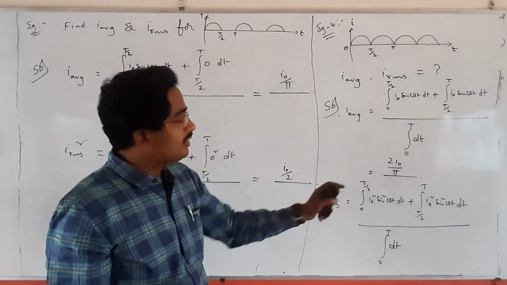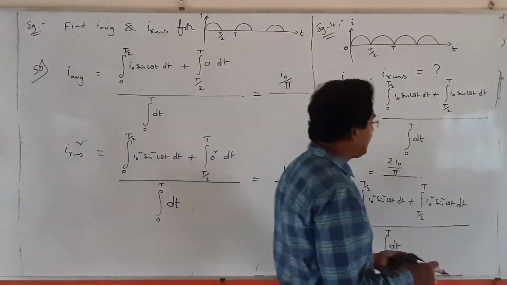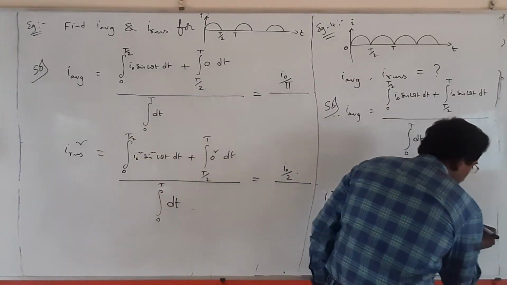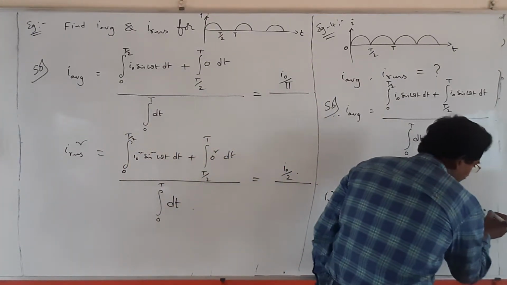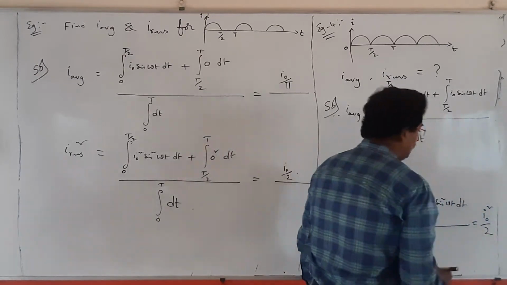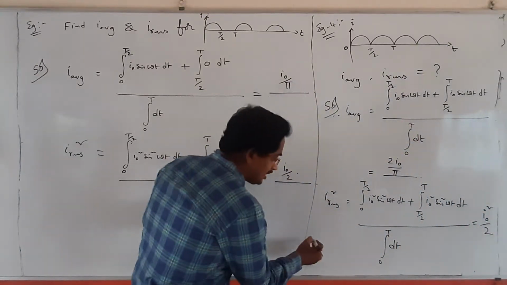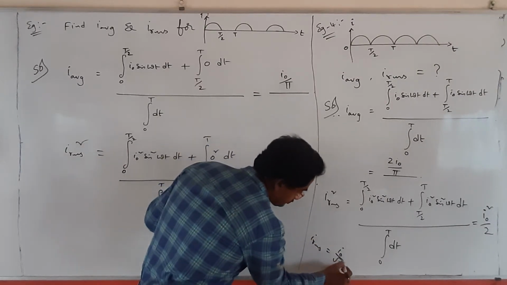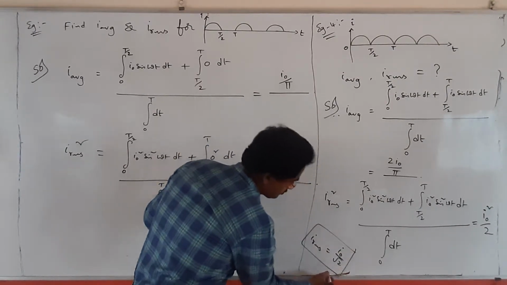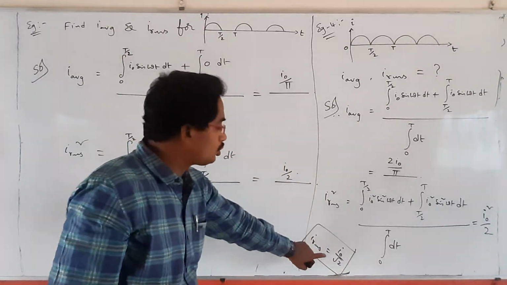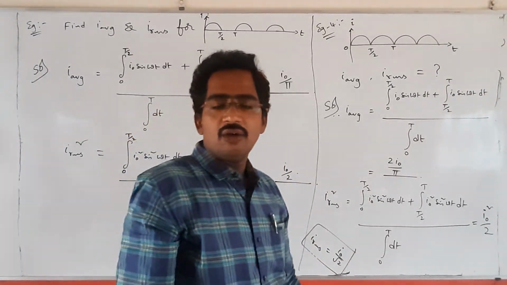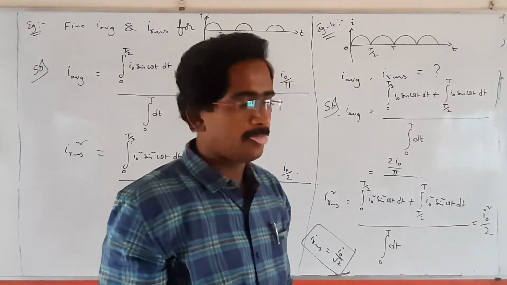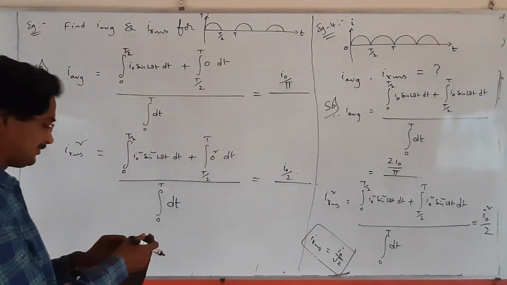If you solve it, the answer we are getting is I naught square by 2. Then IRMS equals I naught by root 2. That is the answer we are getting there. Okay. Next.